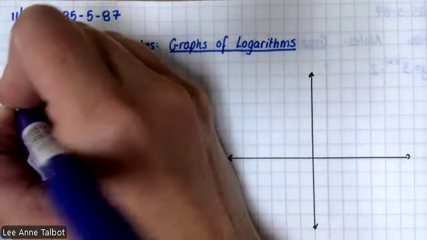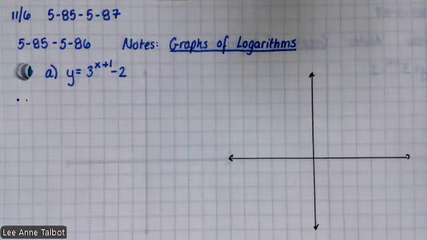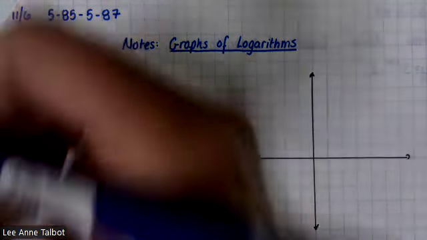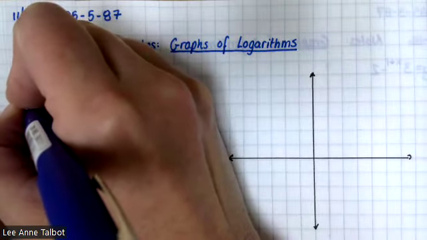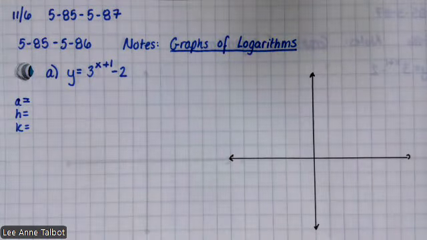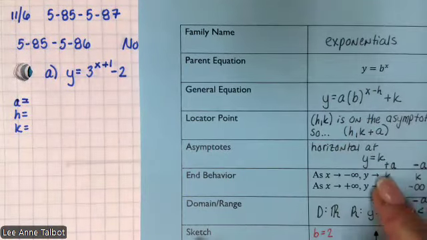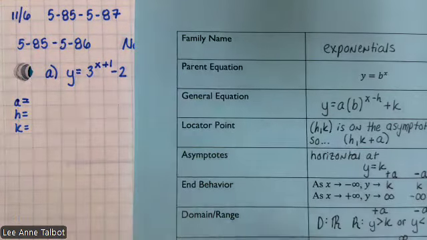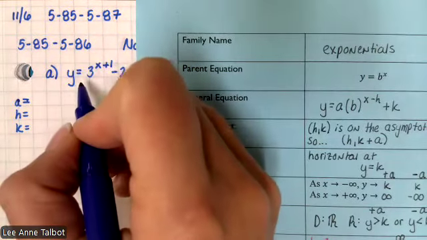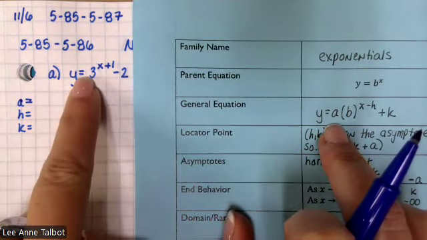So first on this problem here, I don't actually want a dot there. I want to, actually, I can fix this. Hold on. A equals, H equals, K equals. Okay, and I'm going to grab my blue sheets for exponentials just to make sure that I've got what I need. So in this problem, A is in the front of the base. There's nothing there, so that's 1.